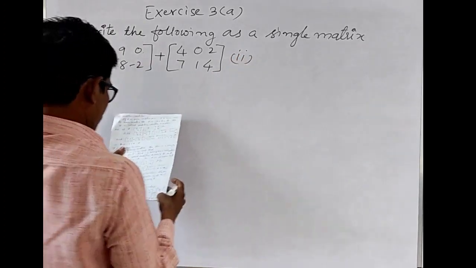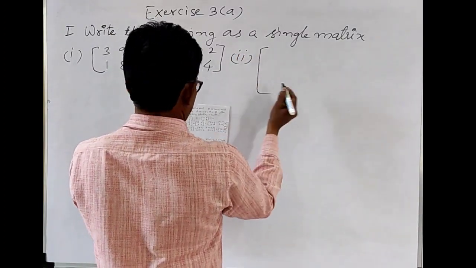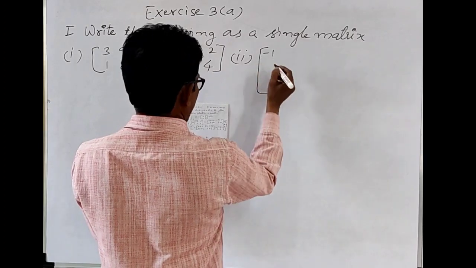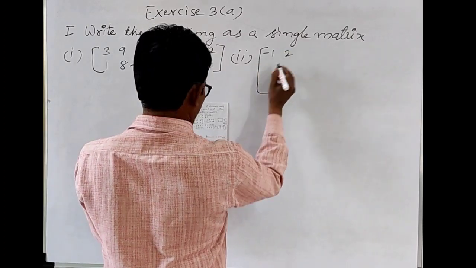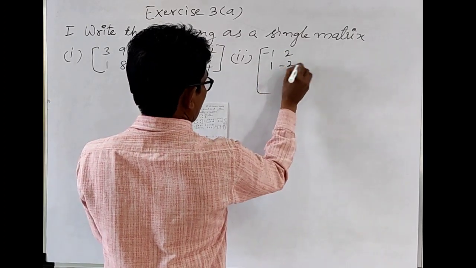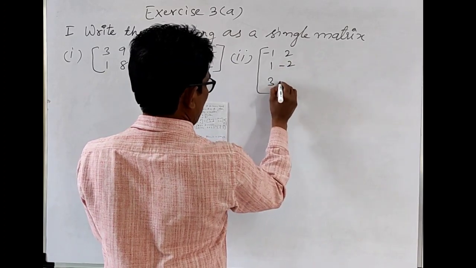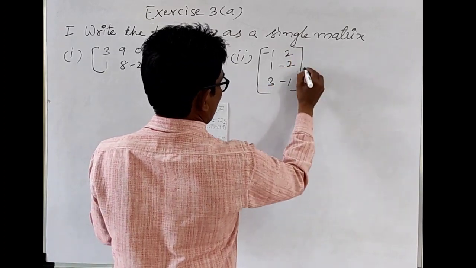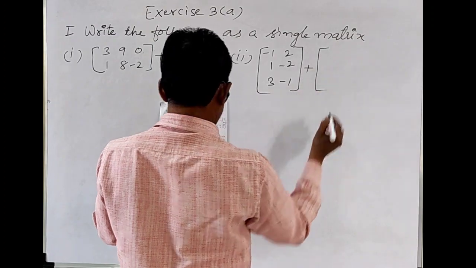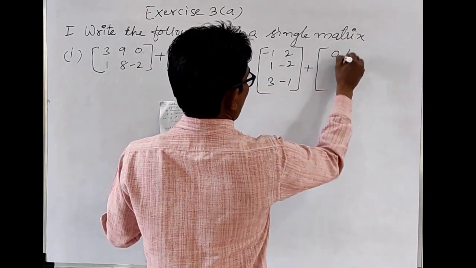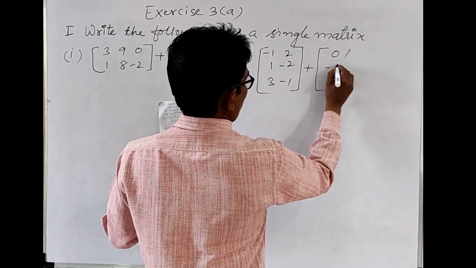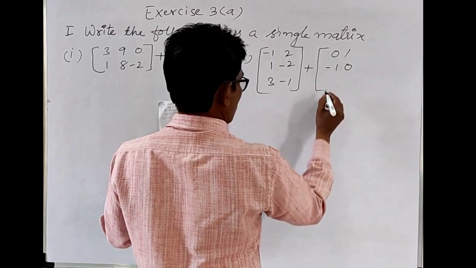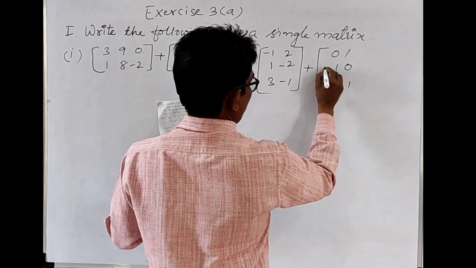Second one, minus 1 2 1, minus 2 3 minus 1 plus 0 1 minus 1, 0 minus 2 1.